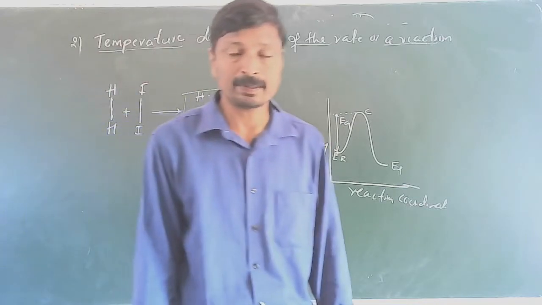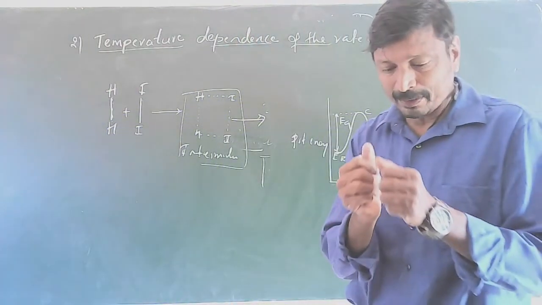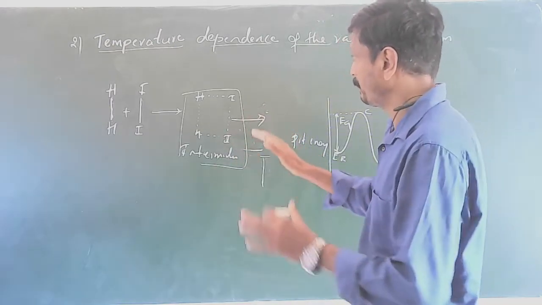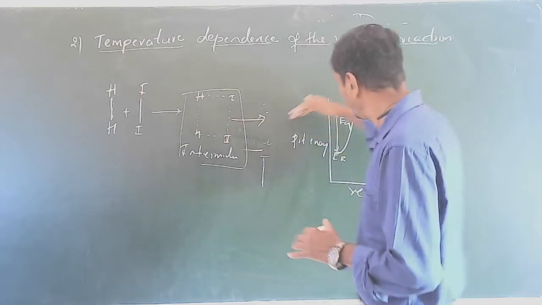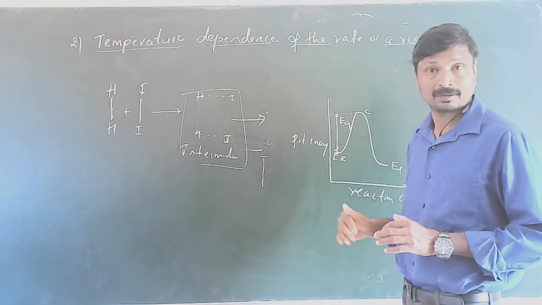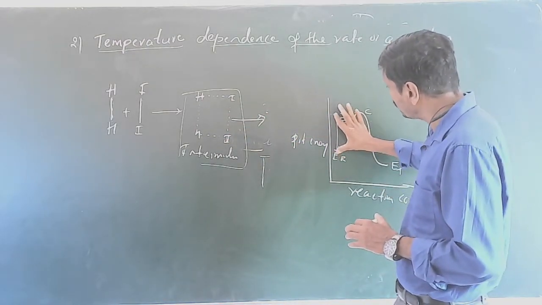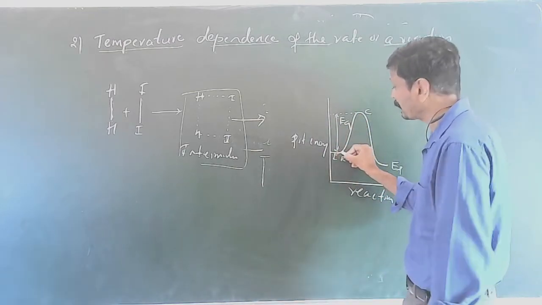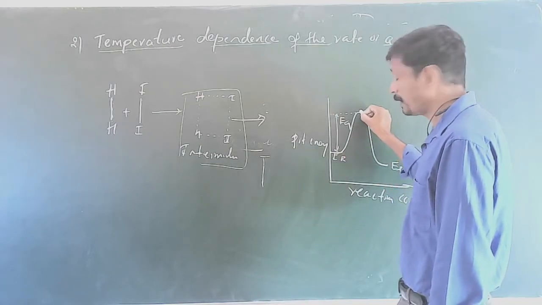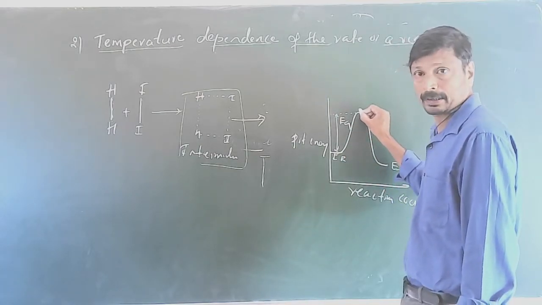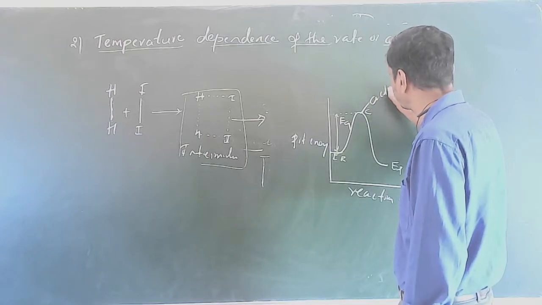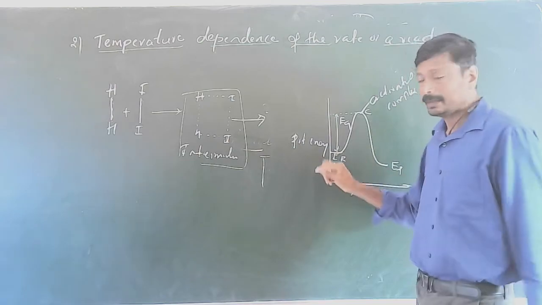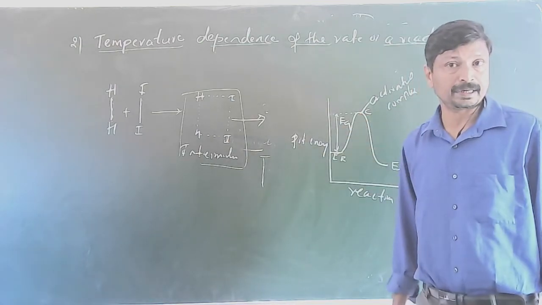How does the reaction take place according to Arrhenius? The reacting molecules collide. After the collision, they form the intermediate, which has a higher energy. The energy required to form this intermediate, the activated complex, from the normal energy of the reacting molecules is called activation energy.